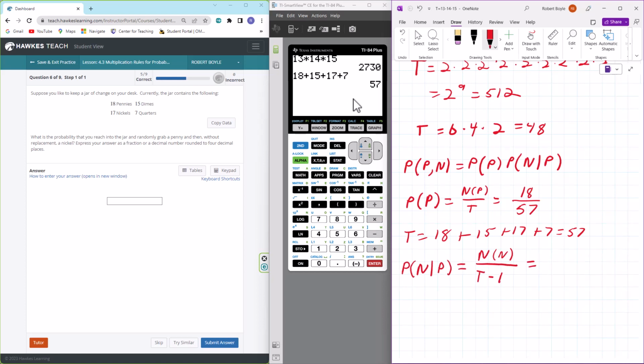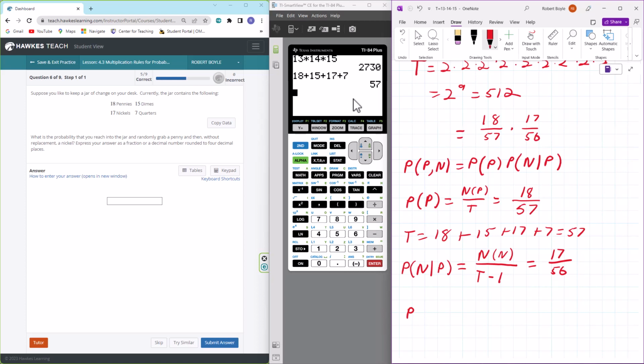That is going to be 17 divided by 56, 17/56. So the probability of drawing a penny and then a nickel is going to be the probability of drawing a penny, 18/57, times the probability of drawing a nickel, given that you already drew a penny, 17/56.